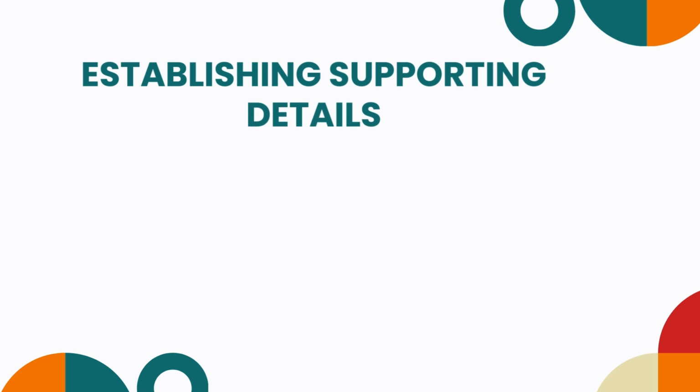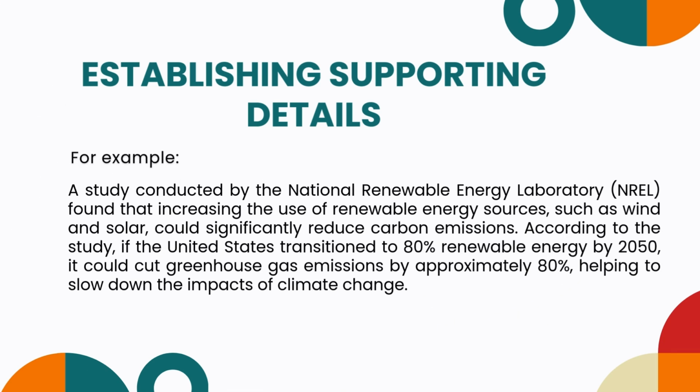Then, Ali should add supporting details to back up those points. Supporting details could include statistics, quotes from experts, or real-world examples. For example, a study conducted by the National Renewable Energy Laboratory (NREL) found that increasing the use of renewable energy sources, such as wind and solar, could significantly reduce carbon emissions.